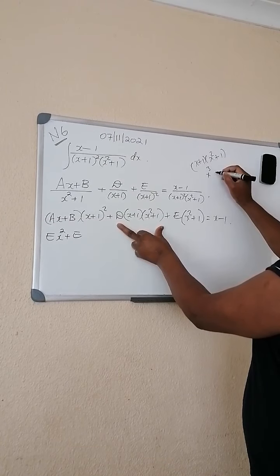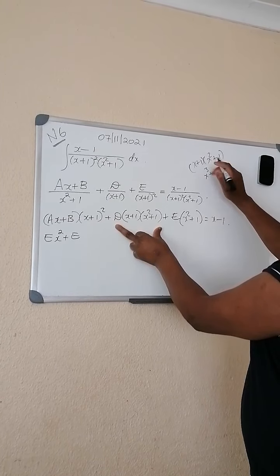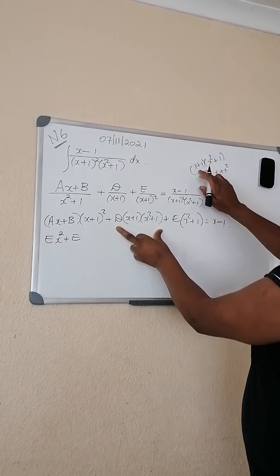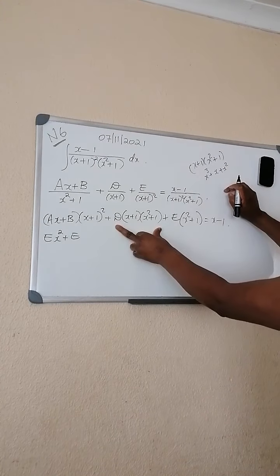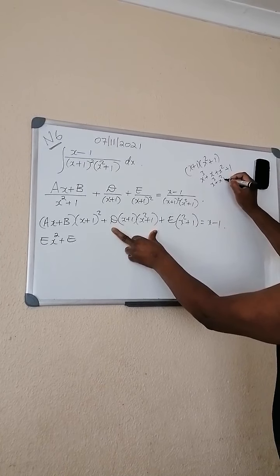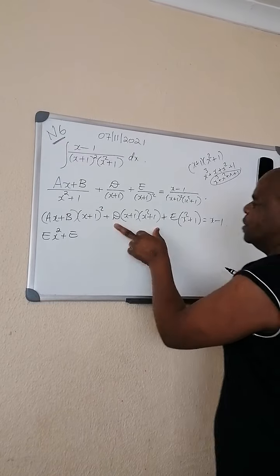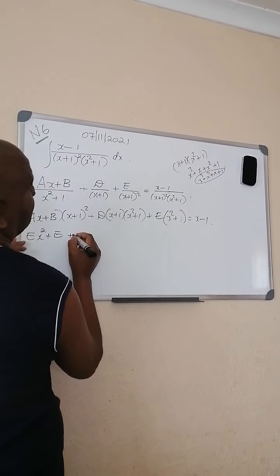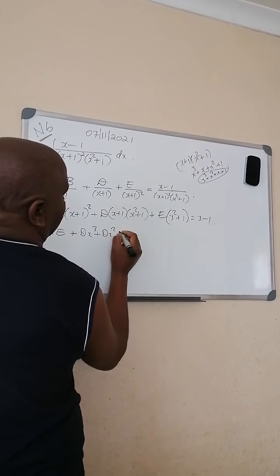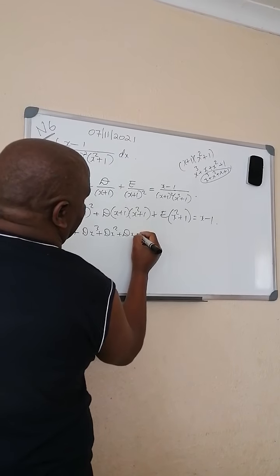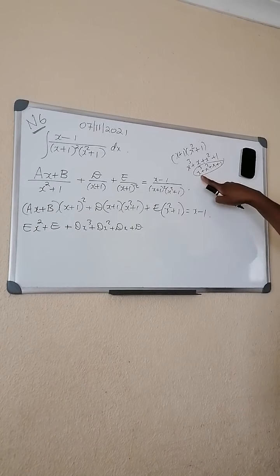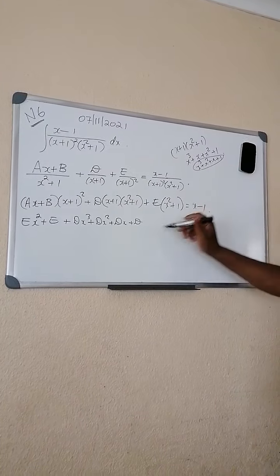This gives me x cubed plus x plus x squared, which is x cubed plus x squared plus x plus 1. So that is to the d. So I've got plus dx cubed plus dx squared plus dx plus d. Remember, d multiplies everything. So that is why I've got d that, d that, d that, d that.